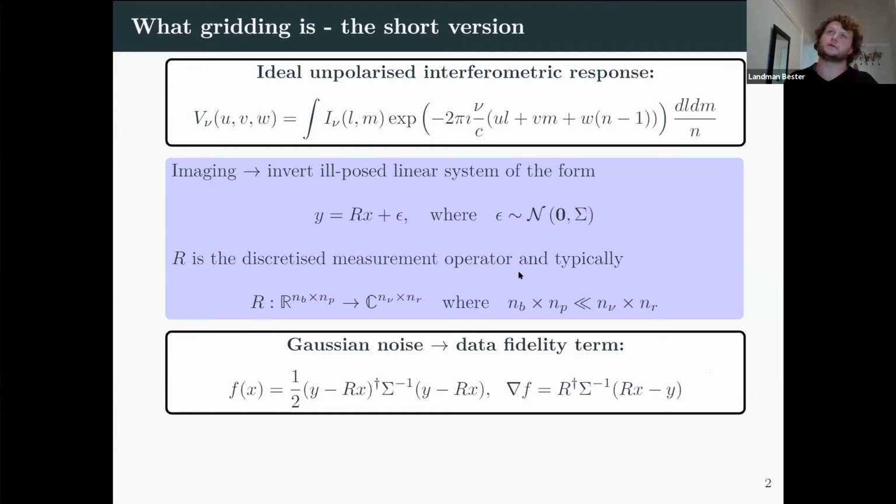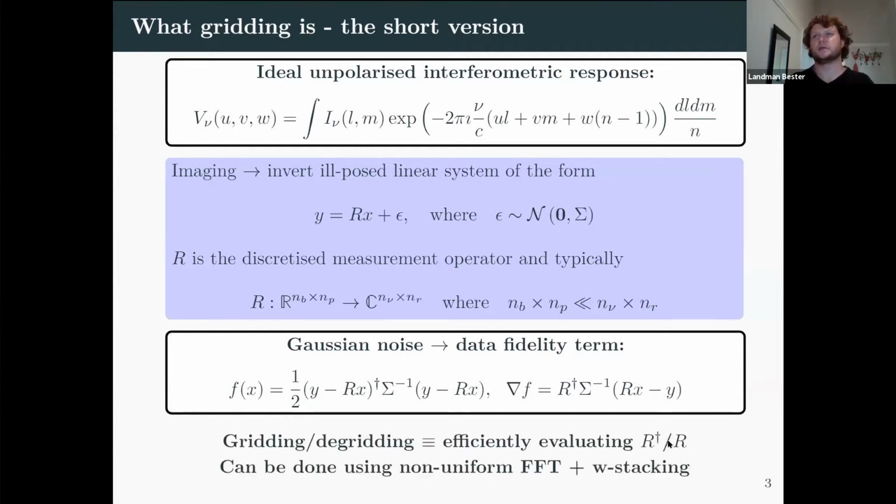And essentially what gridding and degridding is, is efficiently evaluating this measurement operator, which typically maps an image cube, of a number of pixels and a number of imaging bands, into a set of complex visibilities with a certain number of channels and then a certain number of rows. And generally the size of the image is much smaller than the size of the data. So gridding and degridding can be implemented efficiently using a combination of the non-uniform FFT and w-stacking.